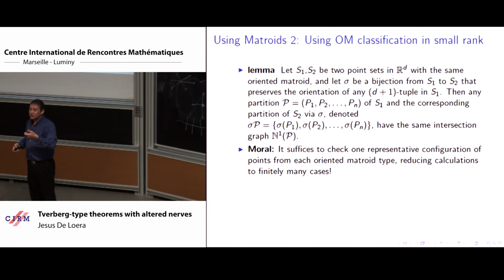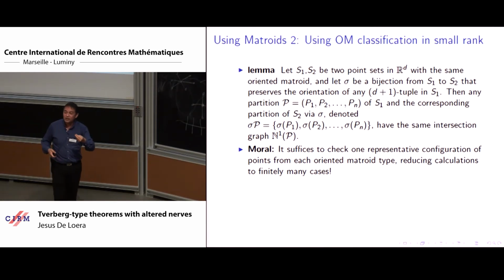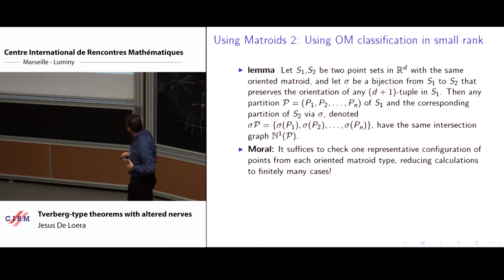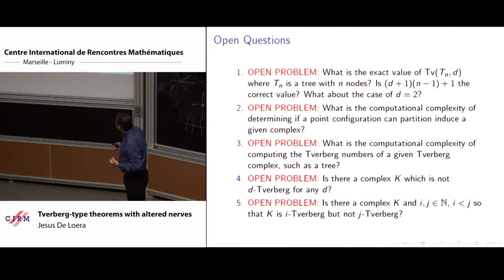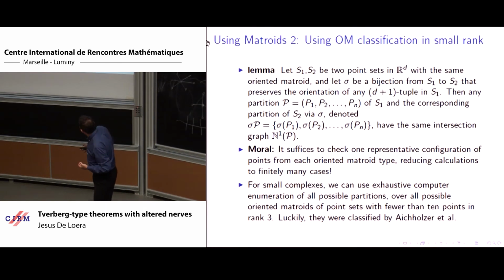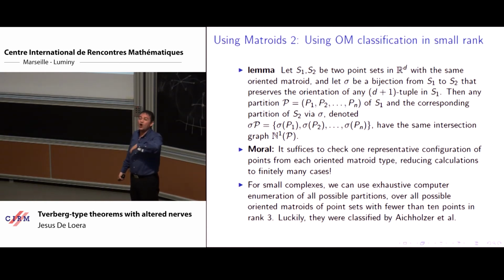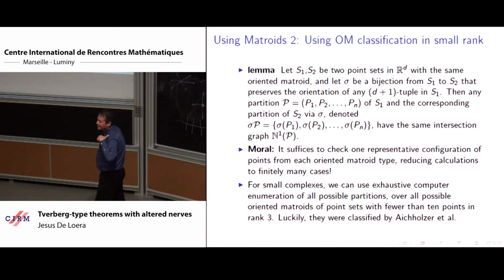And that we use to check things. Because of that, it's enough to take one representative for each oriented matroid, so we can do a finite search on the spaces of partitions, essentially. And we use the classification of Aichholzer. Aichholzer classified all possible oriented matroids up to rank 3, 10 elements.